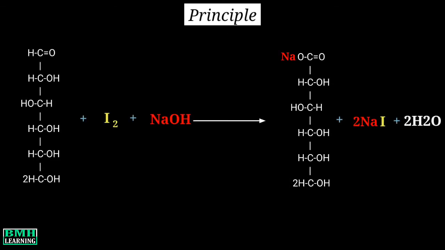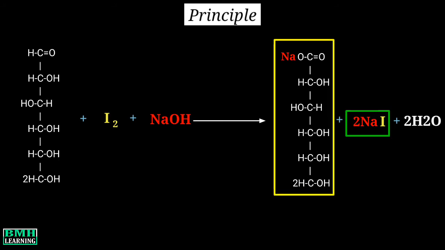So iodine is actually reacting with both glucose and sodium hydroxide. By reacting with base, it forms sodium iodide. And some part of iodine oxidizes the glucose to form gluconic acid.